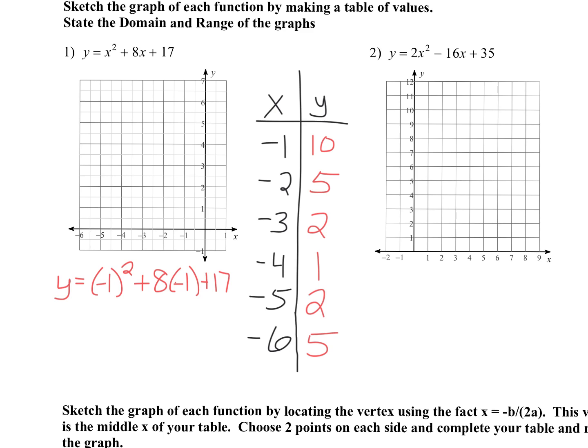So remember from these tables of values, those give you your ordered pairs. So you notice 1 kind of goes off the graph up here.